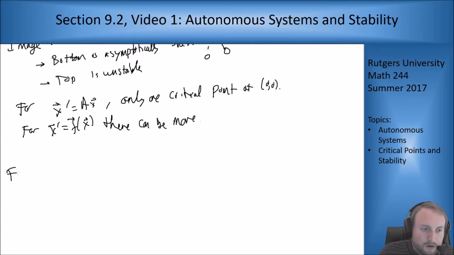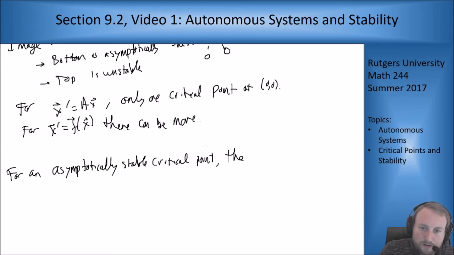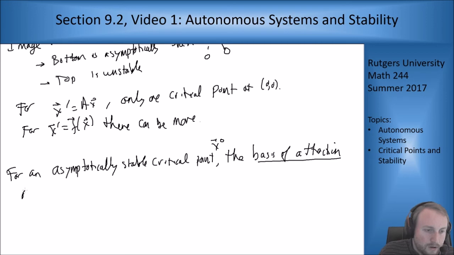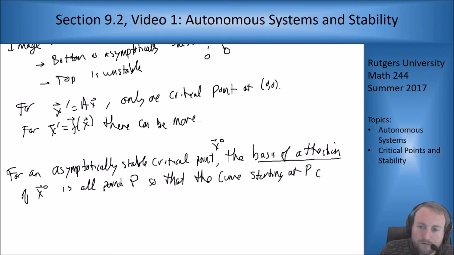So for an asymptotically stable critical point, the basin of attraction of x0 is all points P so that the curve starting at P converges to x0 as t goes to infinity.